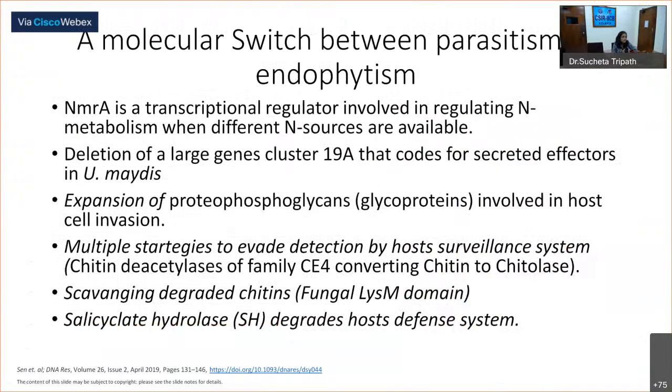And the very interesting observation we have got here is, as I showed you in my earlier slides, that this organism has a growth enhancing effect on higher plants. So how is it happening? Nitrogen metabolism is one of the most significant metabolisms in higher plants, and higher plants cannot fix nitrogen. And this organism, Rhodotorula, contains a transcriptional regulator, which is a switch which can regulate between two different nitrogen metabolic sources.